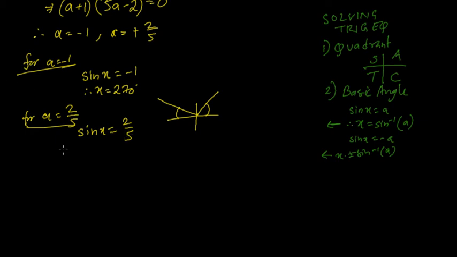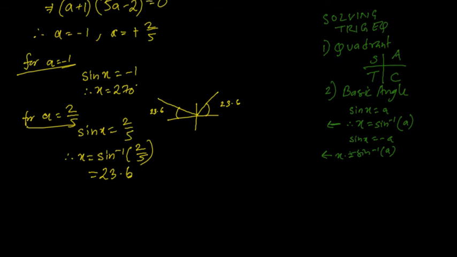So here this is already positive, so x equals sine inverse 2 by 3, and that value would be 23.6 something. I recommend more accuracy, but for doing it quickly I'm just writing one decimal place. So this would be 23.6, and this angle would also be 23.6 from the horizontal, this portion.